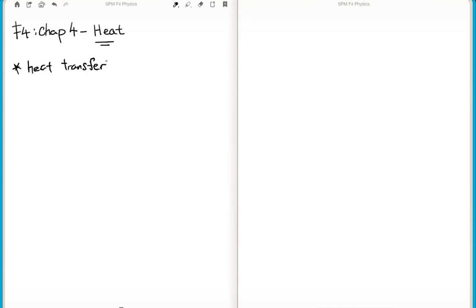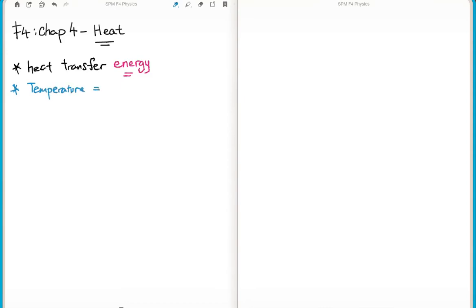Okay? So first thing you need to get clear, heat is a form of transfer of energy. It's a form of energy. And we are using temperature as a form of measurement.